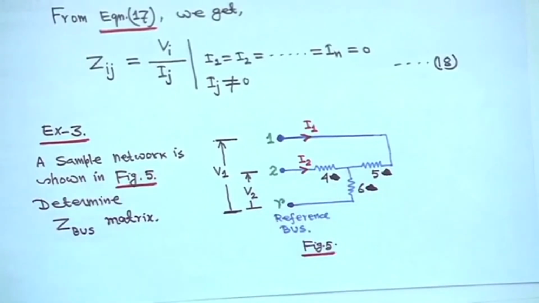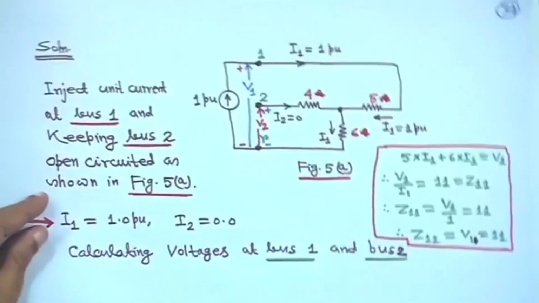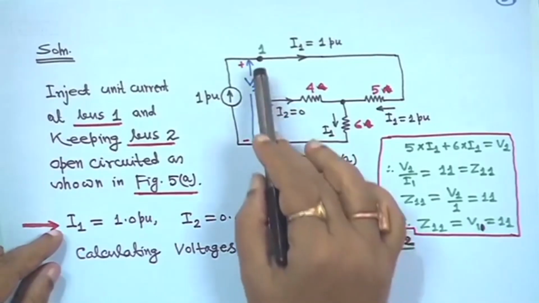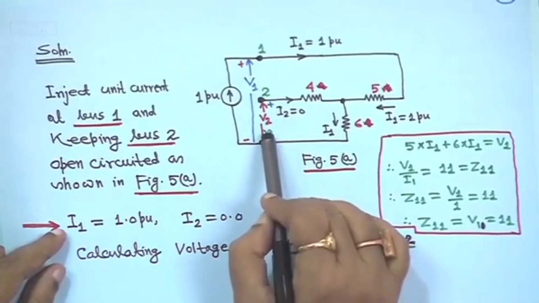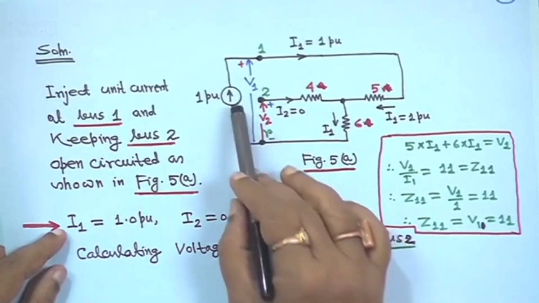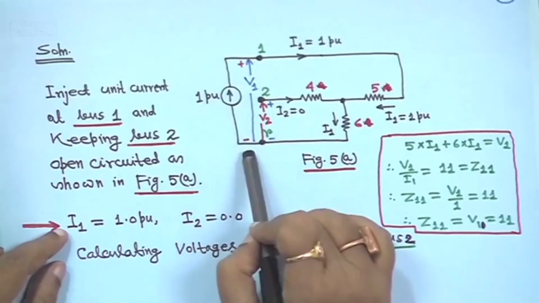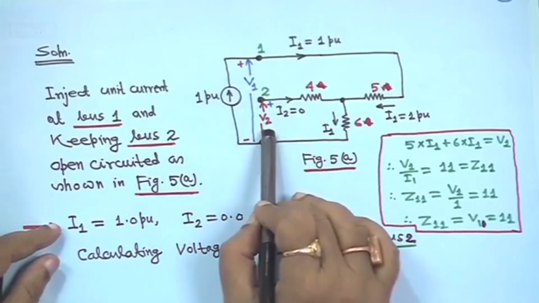Now, what you can do is to get the impedance matrix of this one. For example, first at bus 1, keeping bus 2 open circuited, you inject 1 per unit current at bus 1, but bus 2 is open circuited.